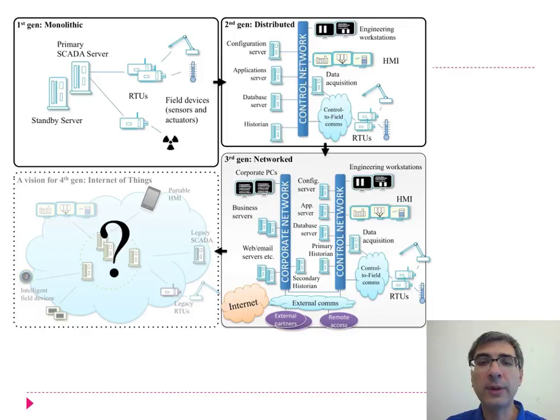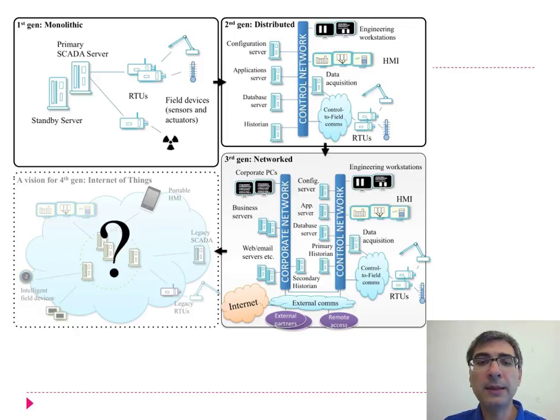So the two in this way are synchronized. And the control network will continue having the various servers, configuration server, application server, and so on. While on the corporate network, there will be the normal servers expected in any organization. So the server for the web, the server for the emails of the employees, the computers, and so on.